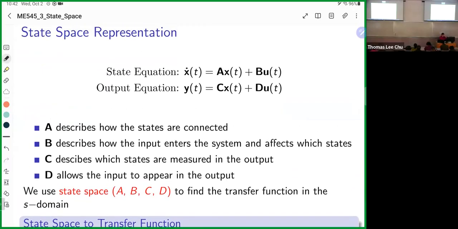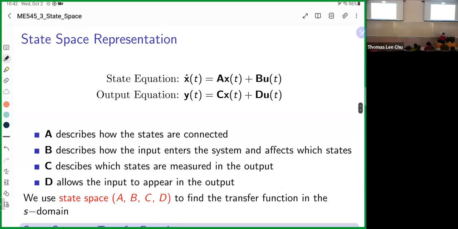So here's our state equation and our output equation. This is our state space representation. What A does is it describes how our states are connected, how they're interlinked with each other, for example how acceleration is related to position and velocity. And then B describes how the input enters the system and affects which states.